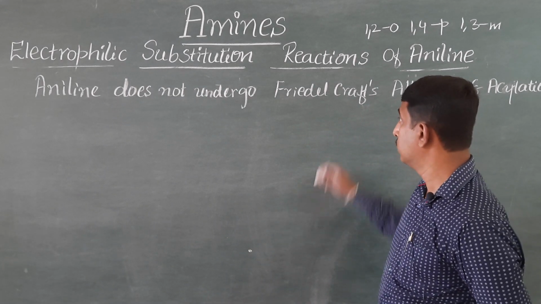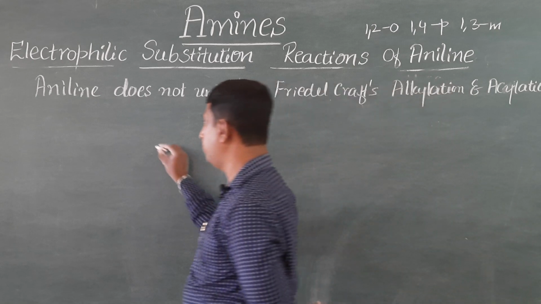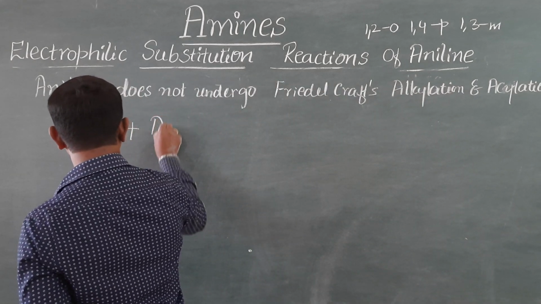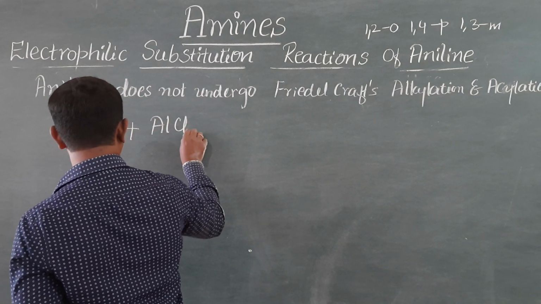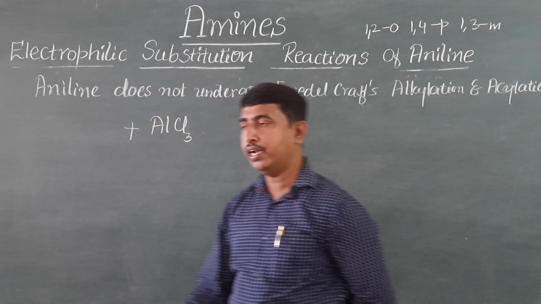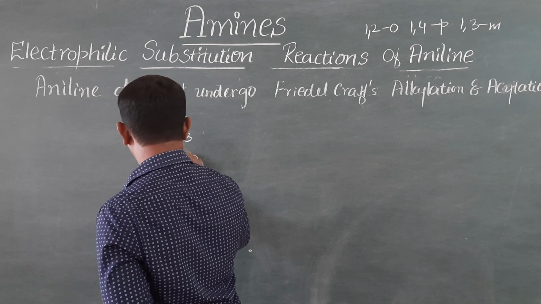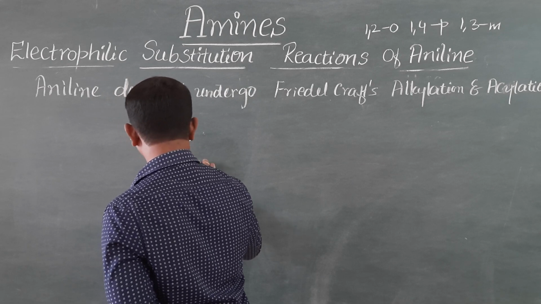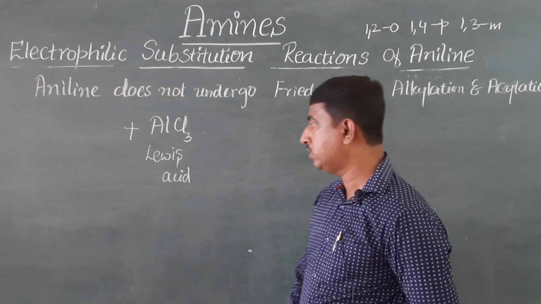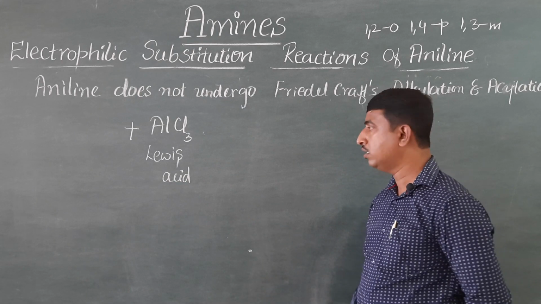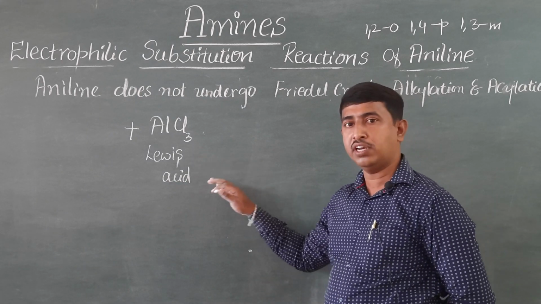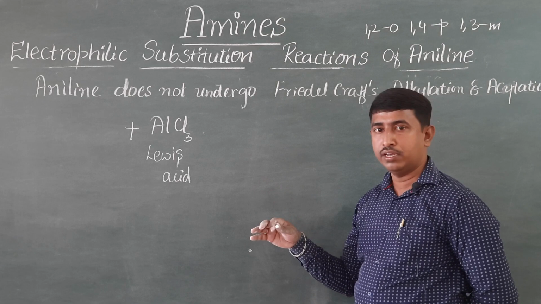Why? See, in Friedel-Crafts alkylation we are using aluminium chloride as the catalyst, and this aluminium chloride is a Lewis acid. What is this? Lewis acid. Definition of Lewis acid: Lewis acid is the one which readily accepts a pair of electrons.